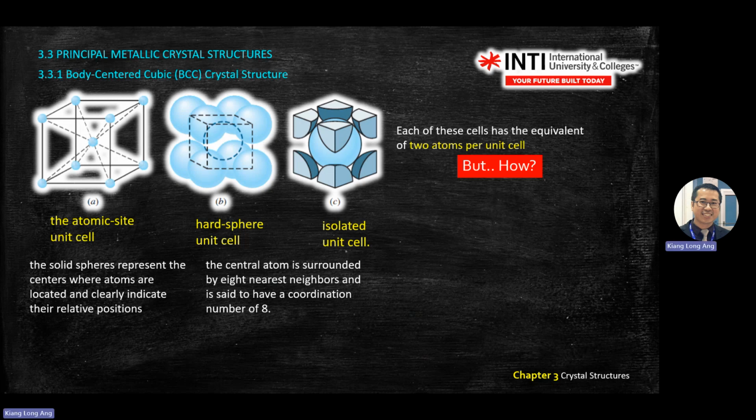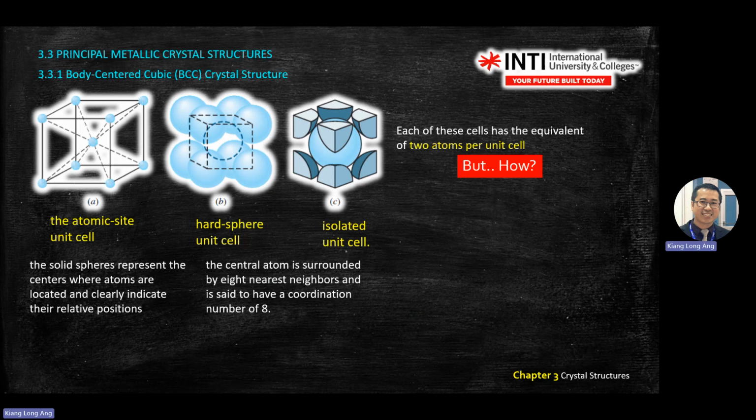The statement comes out: each of these unit cells is equivalent to 2 atoms per unit cell. Are you able to prove that for one unit cell of the body-centered crystal structure, each unit cell has 2 complete atoms inside? Are you able to calculate? You use this one.